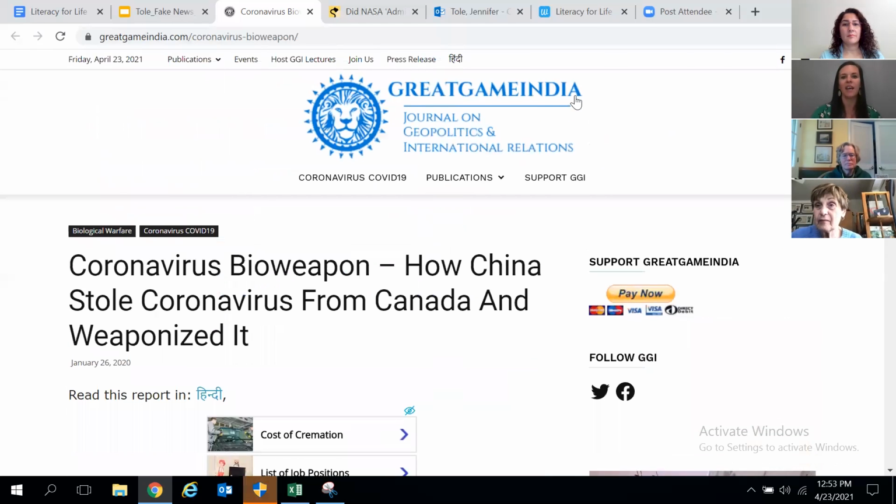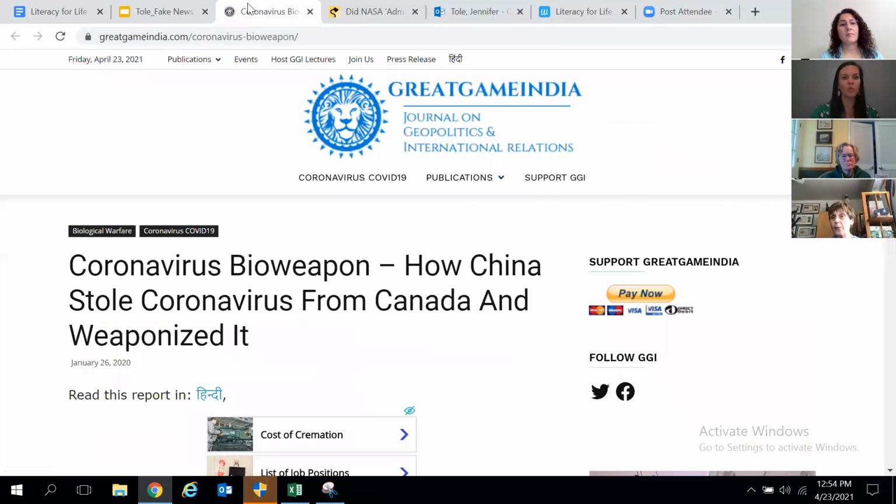Great Game India. What you'll find is that it's also a conspiracy theory. It's one person who started this conspiracy theory website, journal as they call it, and they put out these publications. So this is really dangerous, right? Because it's not based in actual fact. It's based on conspiracy theories.